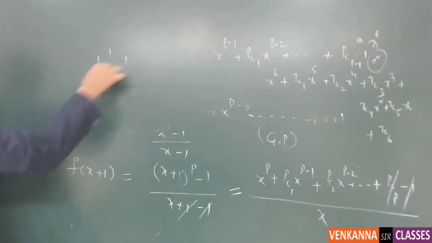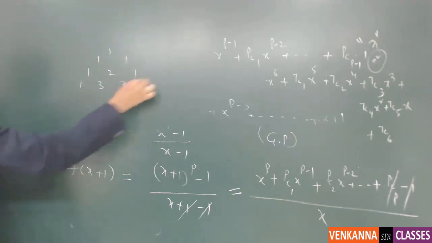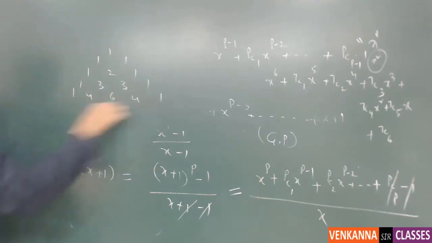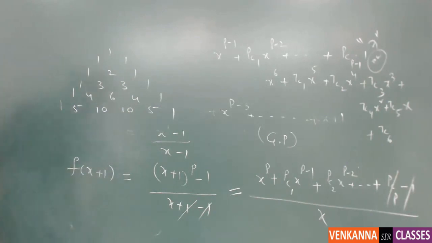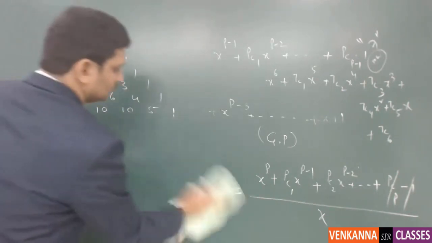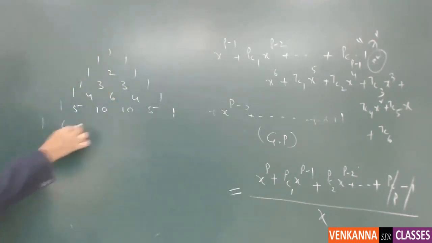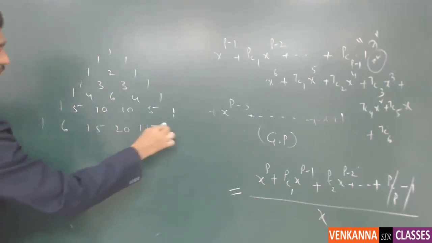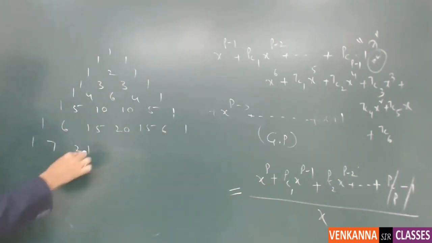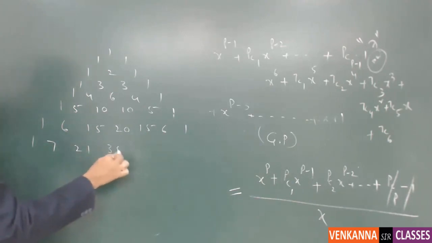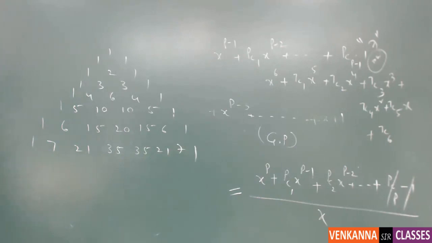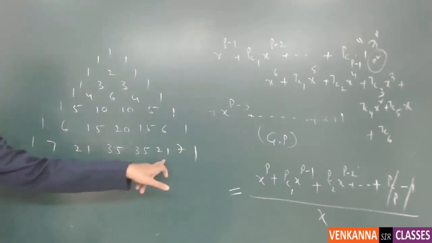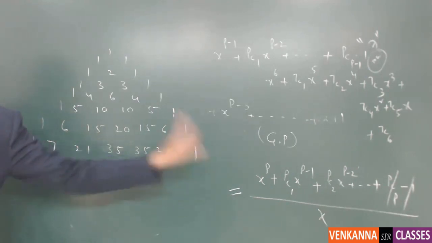So this is the Pascal's triangle. 7C0, 7C1, 7C2, 7C3, 7C4, 7C5, 7C6, 7C7.